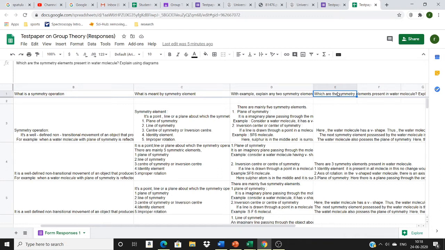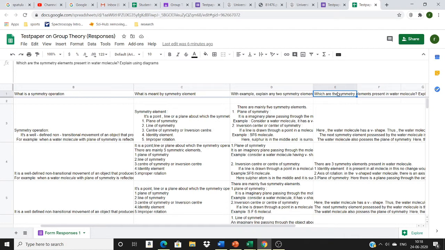axis of symmetry. While writing axis of symmetry, you should write that the water molecule possesses an axis of symmetry, the axis passing through oxygen bisecting the angle formed by the two hydrogens, that is the HOH angle.